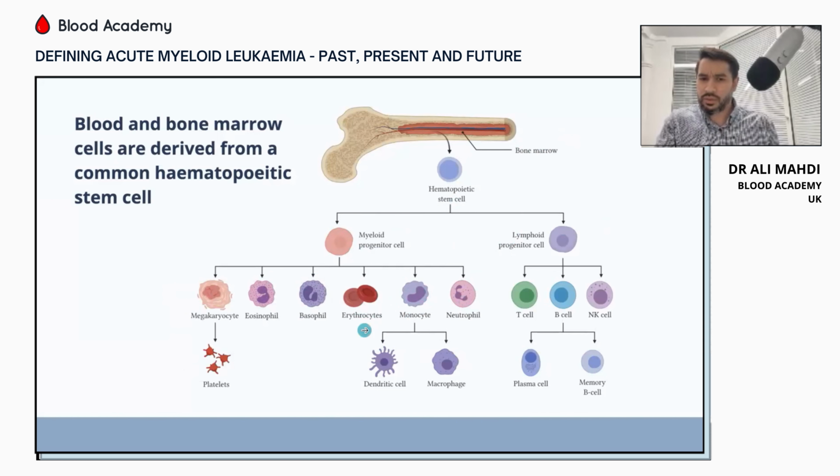And monocytes can also terminally differentiate into dendritic cells and macrophages. And then we have our lymphoid cells, which differentiate into T, B, and natural killer cells. And the B cells will terminally differentiate into plasma cells, producing our immunoglobulins, as well as memory B cells.